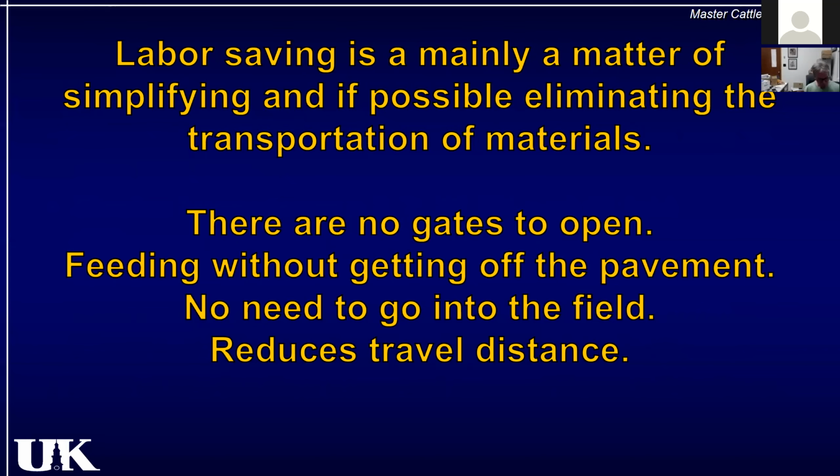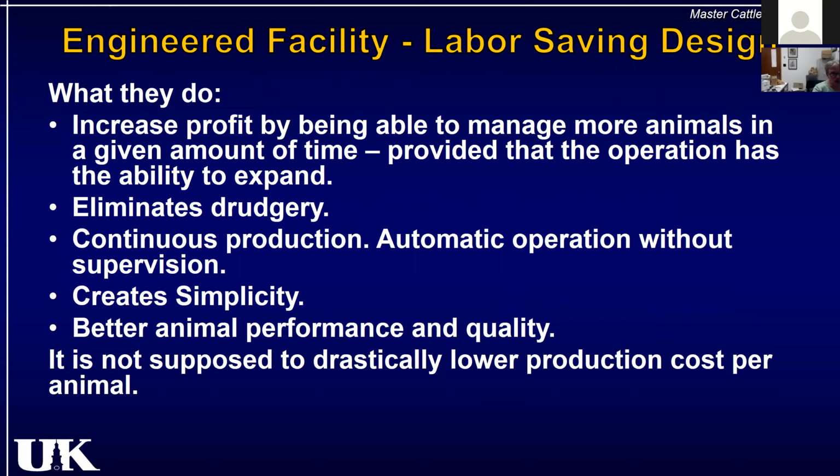Now, the systems that I've showed you are called labor saving designs. Typically, labor saving designs do not increase your profit. The only way they're going to increase your profit is if you have the ability to expand your herd, because now you can manage more cattle with less time. Labor saving design practices also eliminate drudgery. They provide for what we call continuous production.